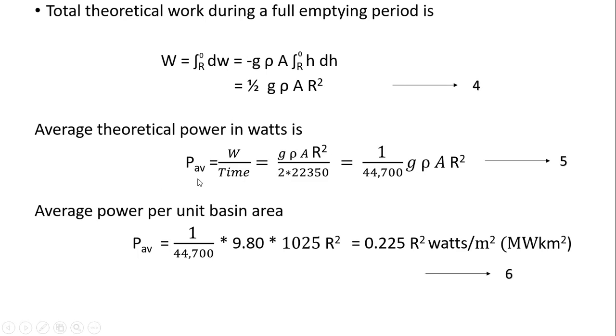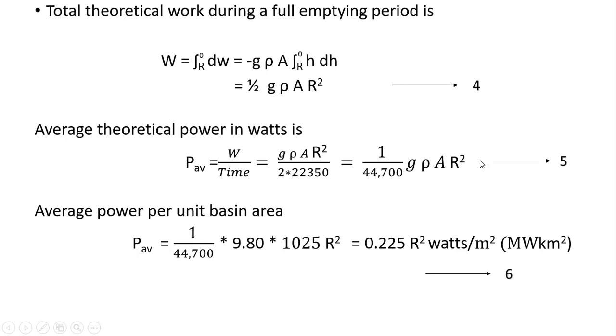We know that the average theoretical power PAV is equal to work done by time, and time is 6 hours 12.5 minutes, converted to 22,350 seconds. If you substitute all the known values, we will get the average theoretical power as 1 by 44,700 G rho A R square.